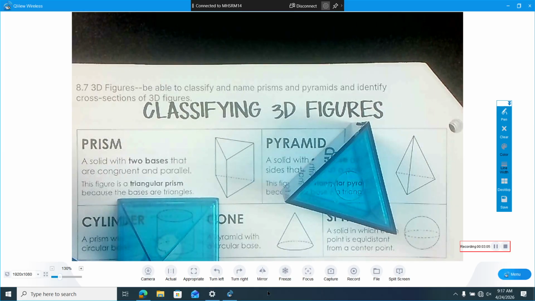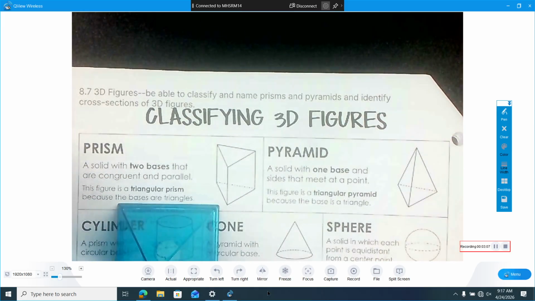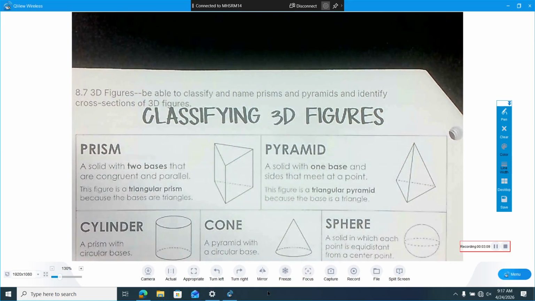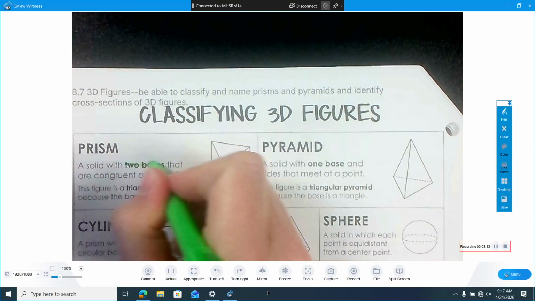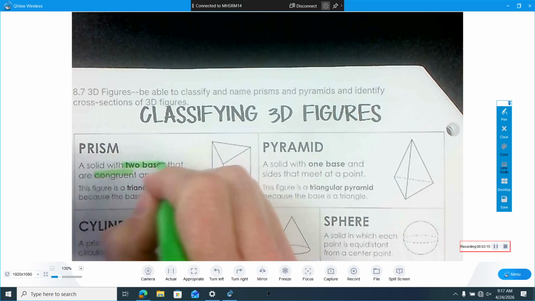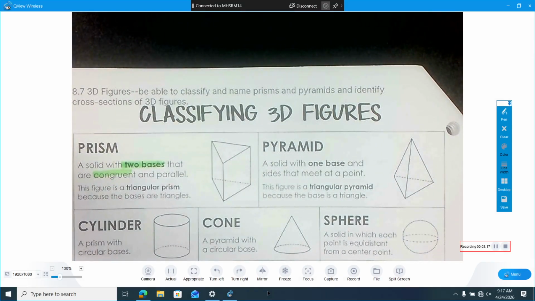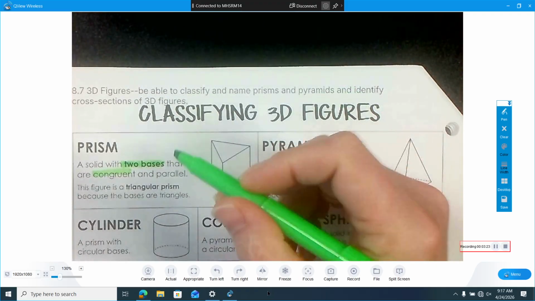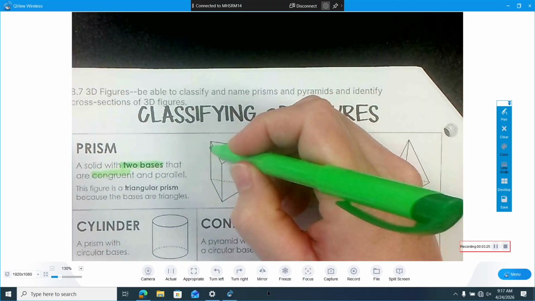How do we recognize whether something is a prism or not? A prism has two congruent bases. I did put out the highlighters, so I really want you to have a highlighter handy today, if you need one. A prism has two congruent bases.